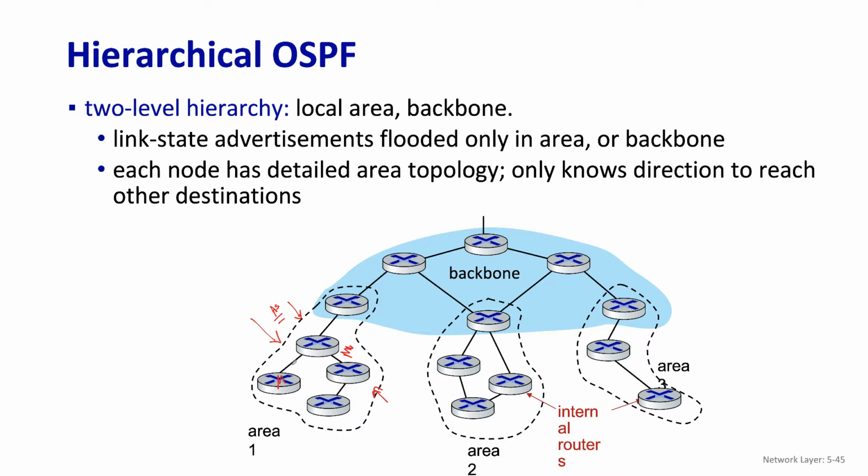We can create areas, and we have a backbone that connects the gateways of each area. Let me give you a scenario. Let's say that area 1 is the marketing department, this one is finance, and this one is the services. All these areas are connected to the company network.